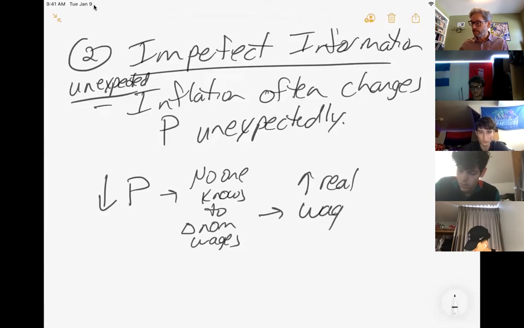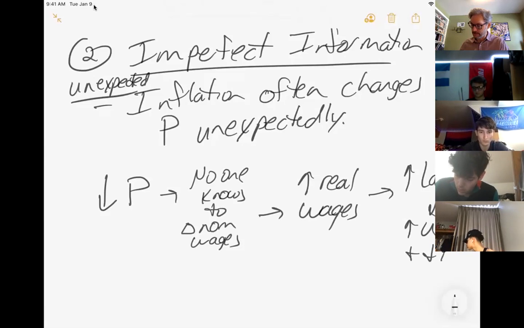Real wages really start to go up because much of the public doesn't know what's going on, and many firms don't know what's going on. And so as real wages go up, we get really the same thing. We get layoffs. That leads to an increase in unemployment and a decrease in output. We get this same positive relationship between the price level and aggregate supply.